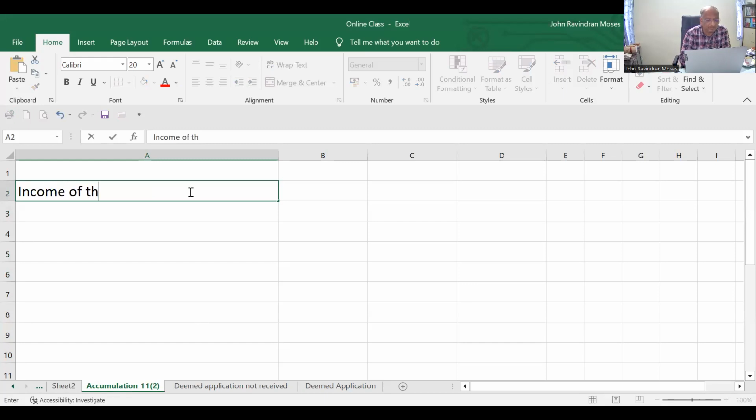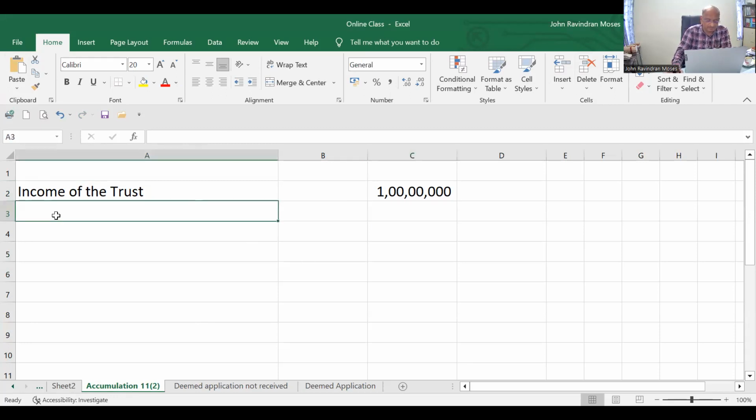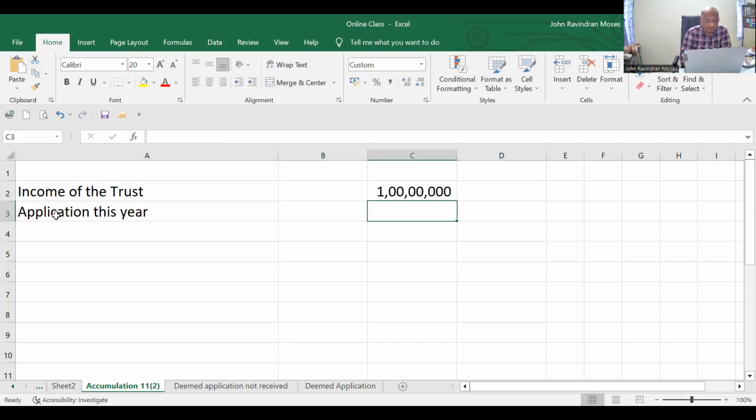When I use the word trust, I mean all 3 forms. Okay. Income of the trust is, let us say, 1 crore rupees. It is 1 crore rupees. Okay, right? And you have raised this 1 crore rupees, so much money, consciously, because you want to construct, you want to spend on capital expenses. Okay, right? And your application during this year is only 50 lakhs.